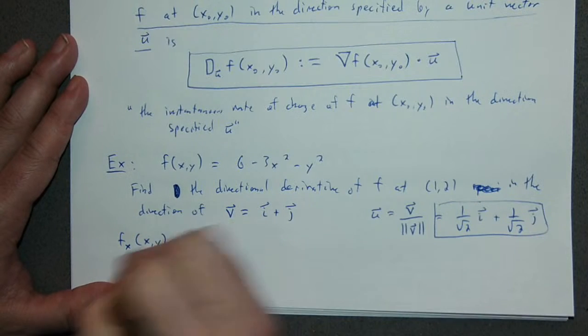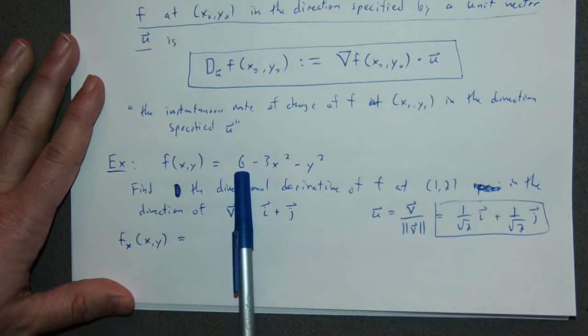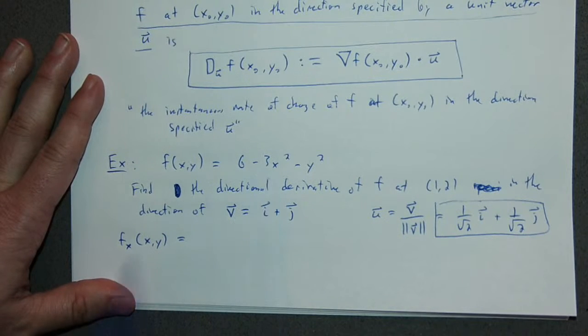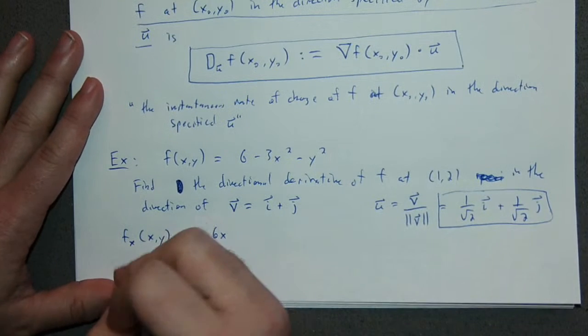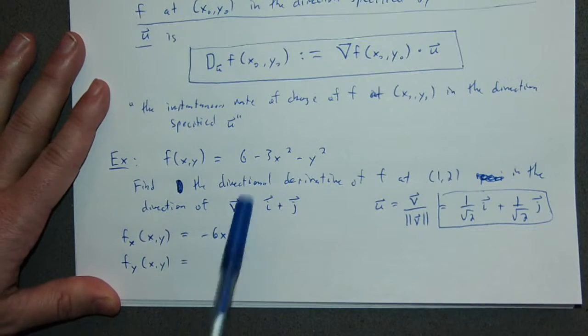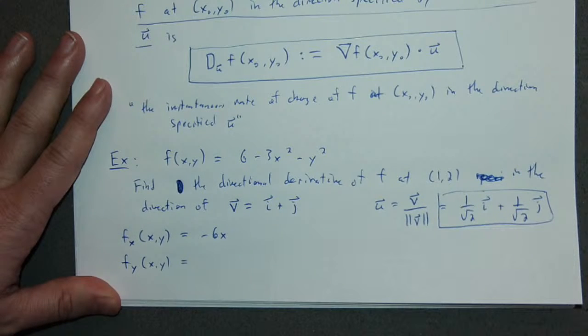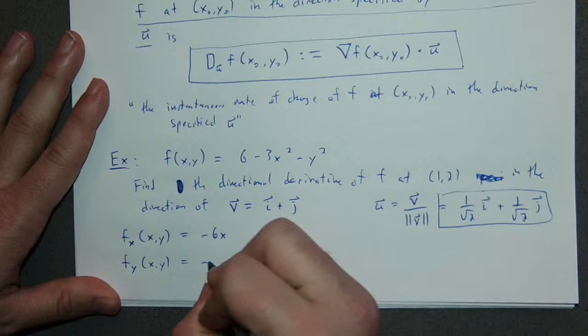So what is the x partial of f? The x partial of 6 is 0. The x partial of minus 3x squared is minus 6x. The x partial of minus y squared is 0. What's the y partial of f? The y partial of 6 is 0. The y partial of minus 3x squared is 0. The y partial of minus y squared is minus 2y.